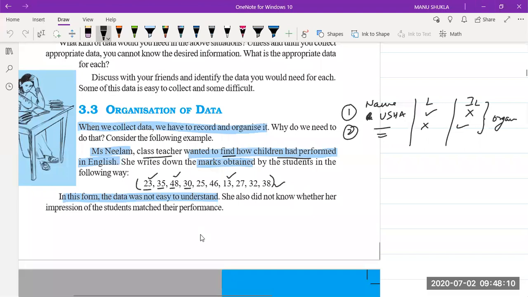Now see, suppose in mathematics you have scored marks like 23, 35 out of 40. Some have scored 0, some scored 40 out of 40, some scored 39, 37, and 1 also. Now, principal's sister comes in the class and she makes this student stand up and asks his mark.